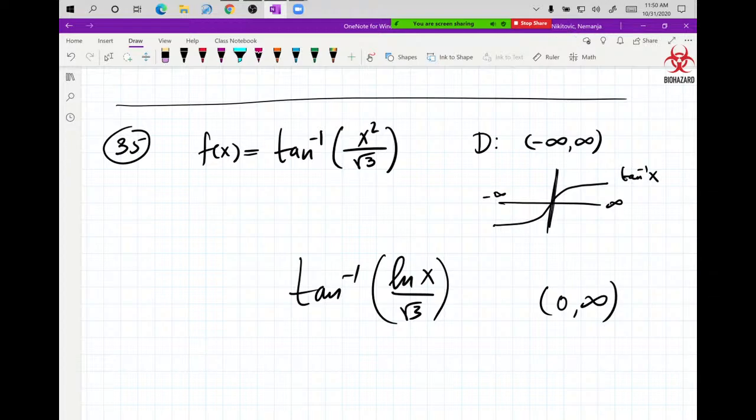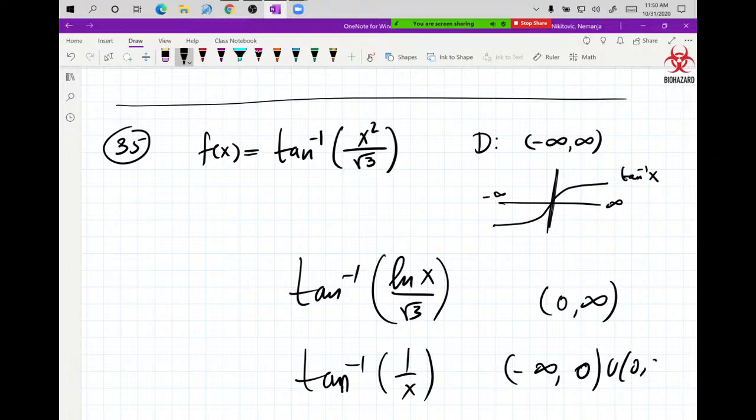Now, also, if this was inverse tangent of, I mean, we're talking pre-calc 1 now, but still it's important, 1 over x. Well, negative infinity to 0 union 0 to infinity, because the only value that would make your problem explode is 0. Because when you divide 1 by 0, you get infinity.